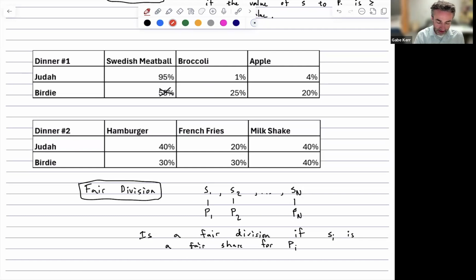So all of a sudden, Birdie develops a real strong taste for broccoli and thinks, okay, well, actually, this is going to be worth 50%. And then this is going to be worth only 30% of the value of a meal like that. In this case, we can, of course, get a fair division. All we have to do is give Judah the Swedish meatball and Birdie the broccoli and the apple.